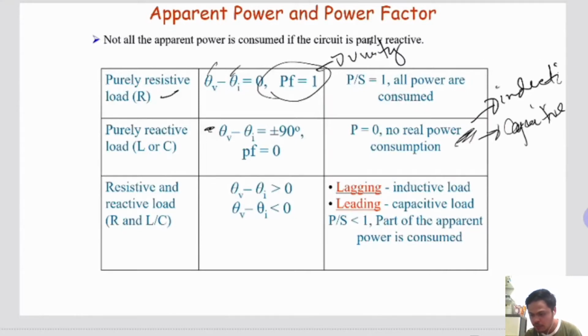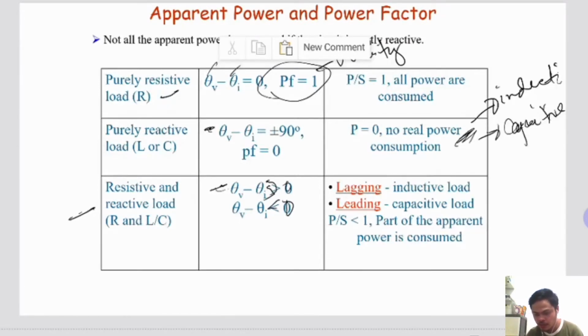And for the combination of the reactive and resistive load, the difference of voltage angle and current angle can be greater than 0 or less than 0.